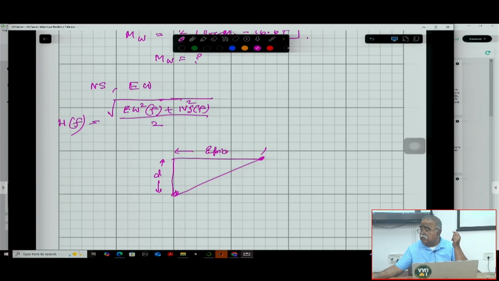This is the recording station, this is the earthquake, right? So this is your epicentral distance, and then this will be the R value. So R will be equal to this square plus this square, square rooted.